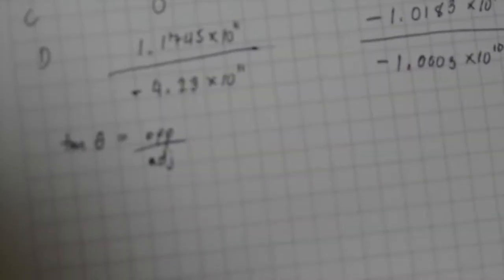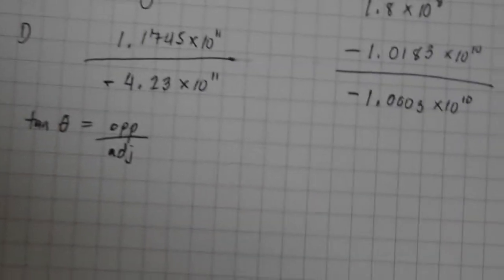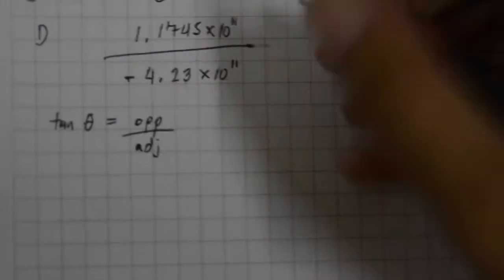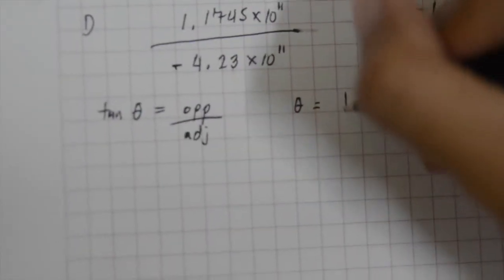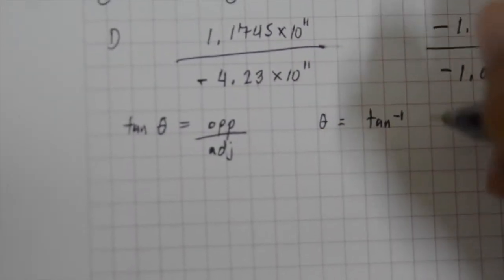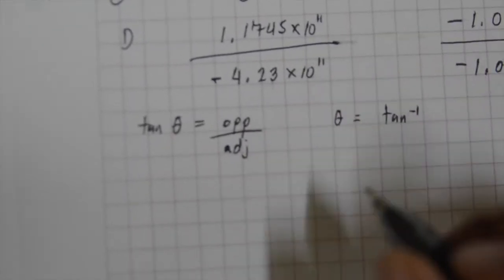Again, we will use tan theta, opposite over adjacent, and let's manipulate that first. We get theta is equals to tan^-1 opposite.